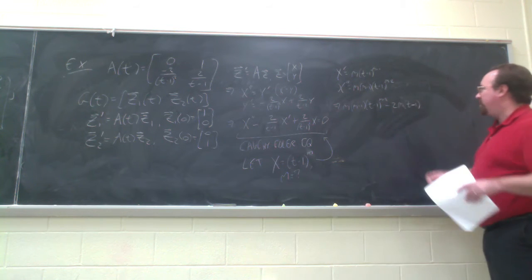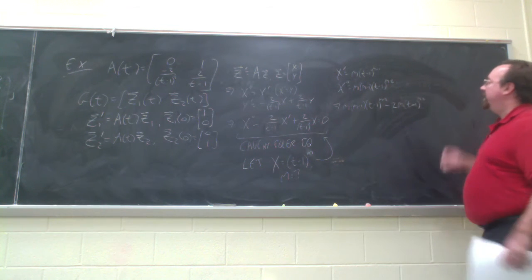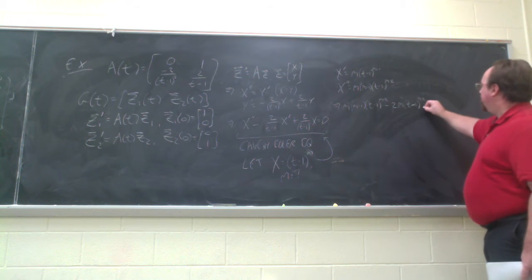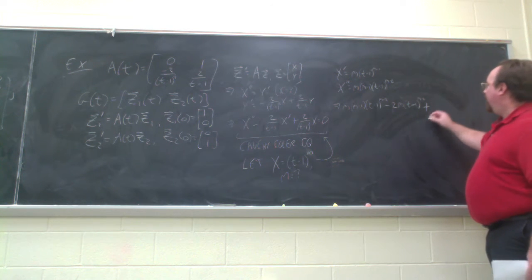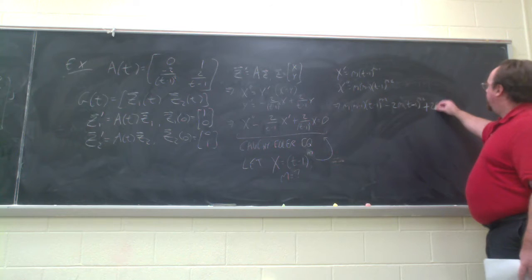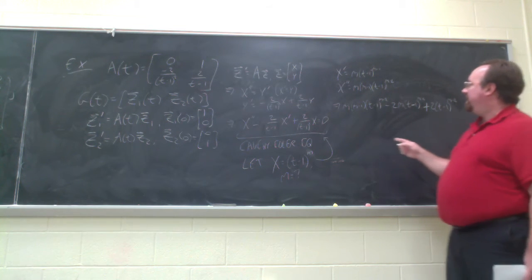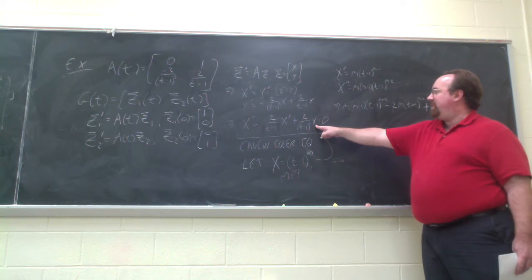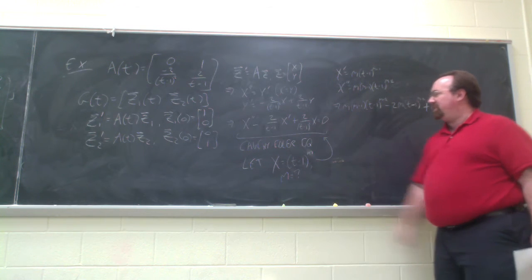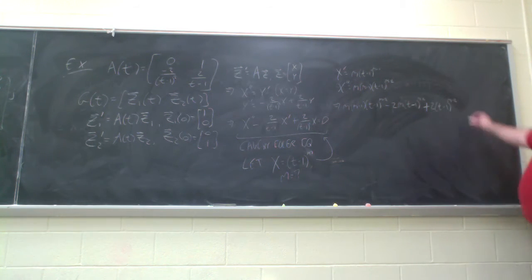So one factor cancels, and we get m minus 2 again. And then I have plus 2 t minus 1 again to the m minus 2, because we have t minus 1 squared in the denominator. And all of that is 0.